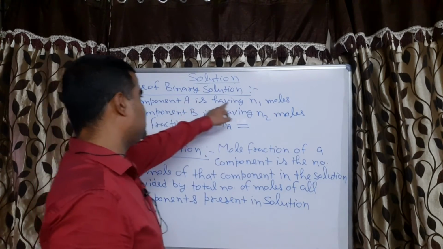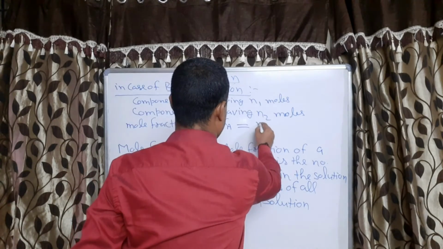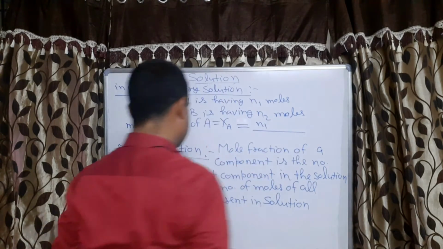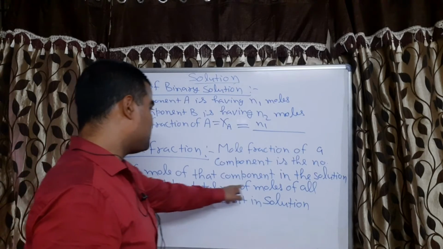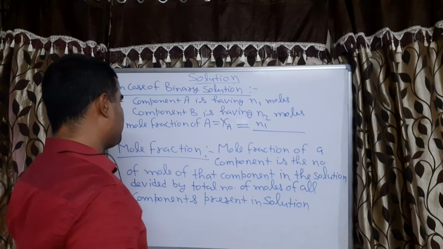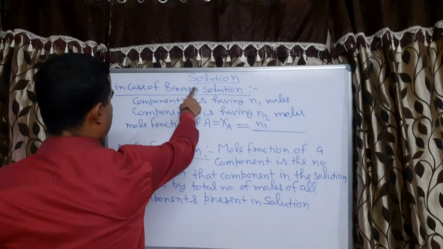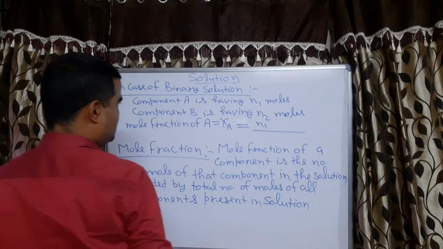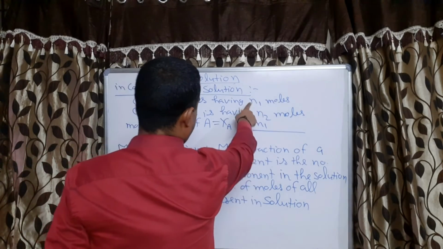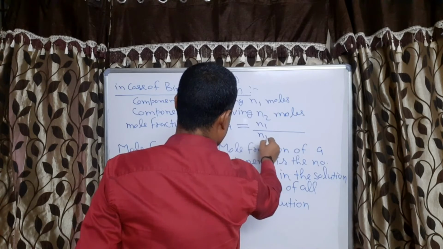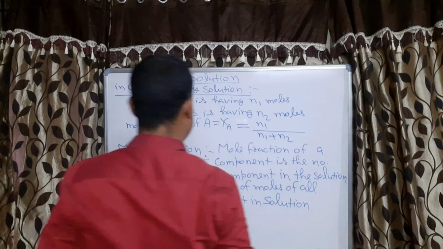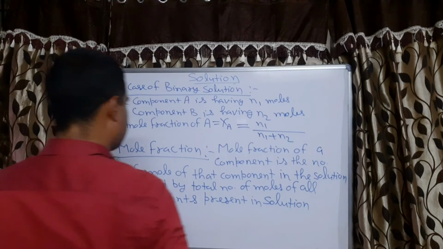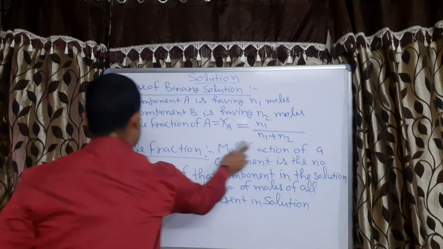So the component A is having N1 moles, N1 divided by the total number of moles of all components. Since it is a binary solution, only two components are there, so total number of moles will be N1 plus N2. This will be the mole fraction of A.